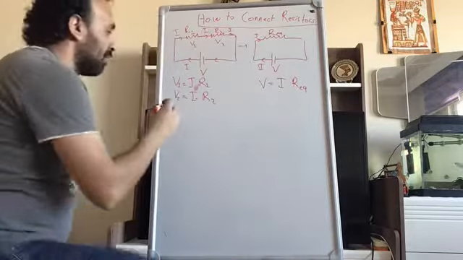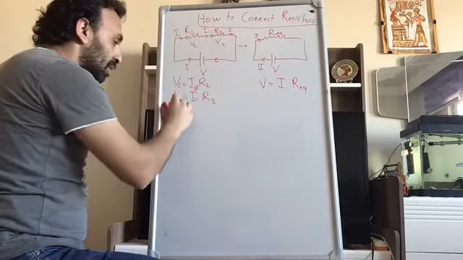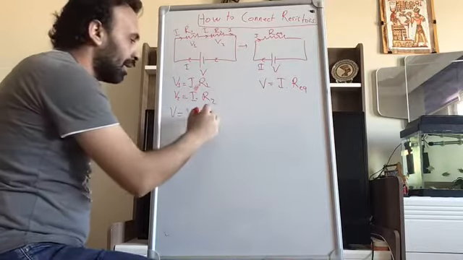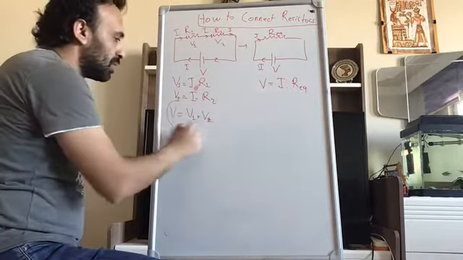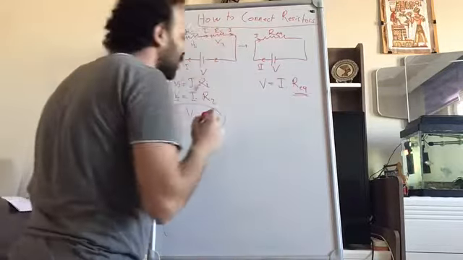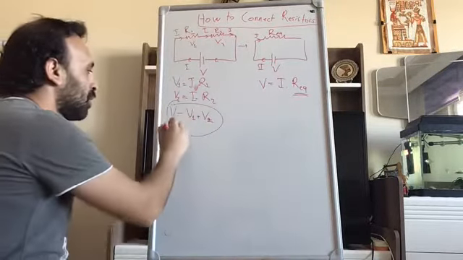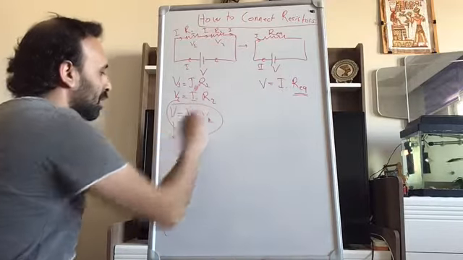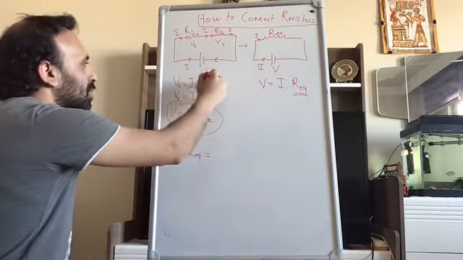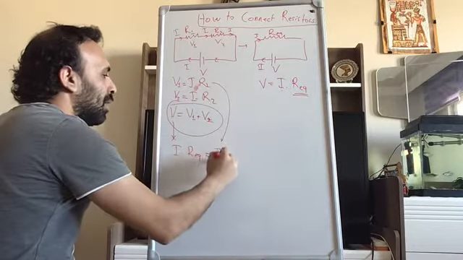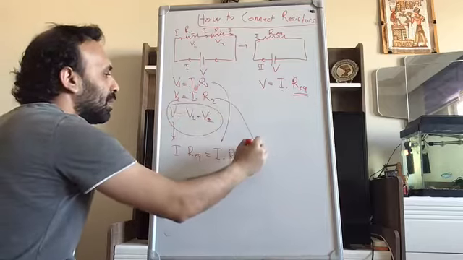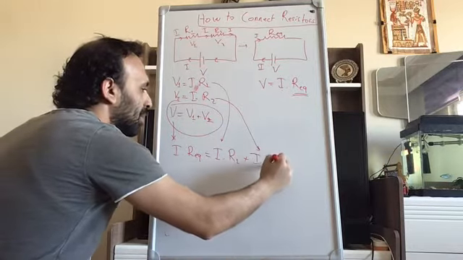Now, we know from this circuit that V is equal to V1 plus V2, okay? So we are going to use this equation to calculate the R equivalent in terms of R1 and R2. So I'm going to write this one. V is equal to I times R equivalent, equal to V1, which is here I times R1, and V2, from here, I times R2.